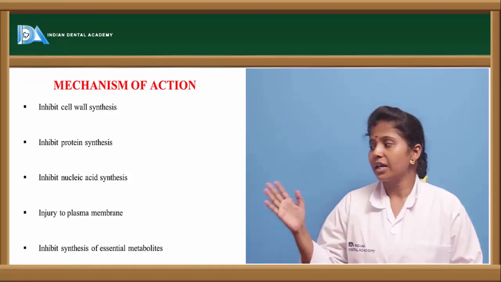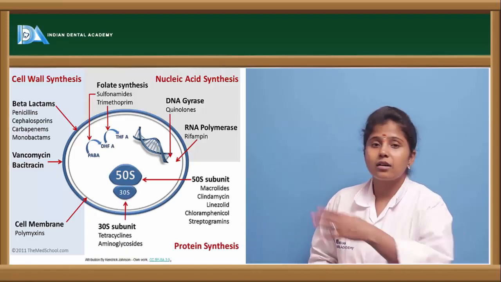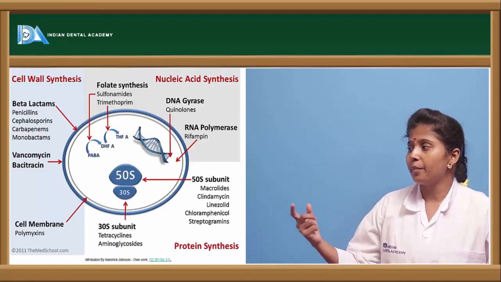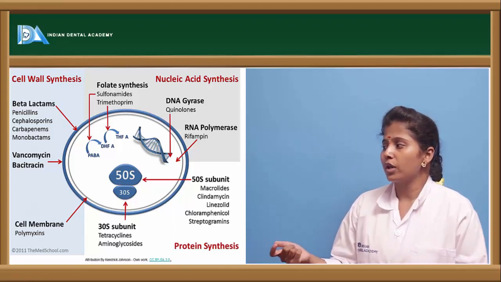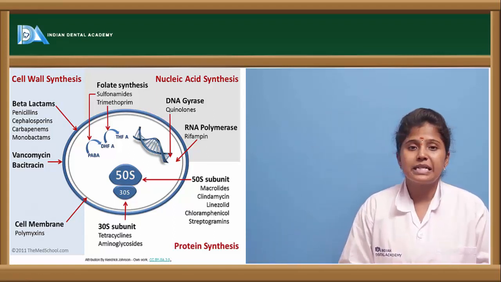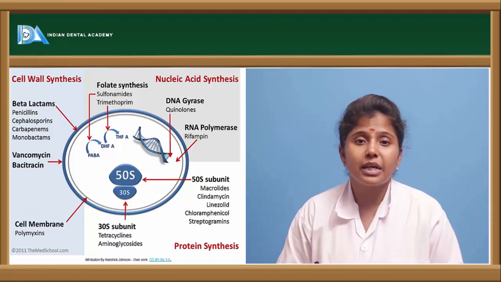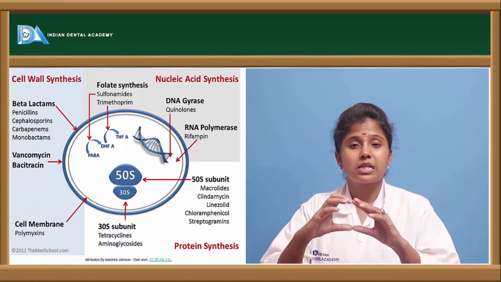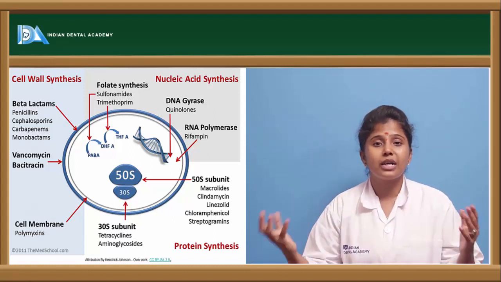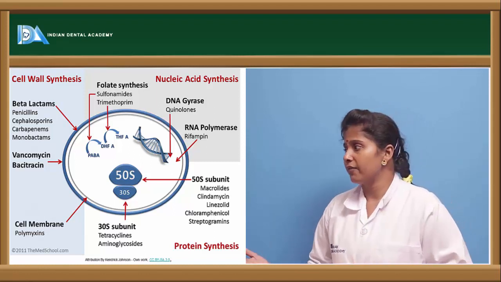Antibiotics like beta-lactams, such as penicillin, cephalosporins, monobactams, vancomycin, and bacitracin are all antibiotics which inhibit cell wall synthesis. They won't allow the cell wall of the microorganism to develop, and if the cell wall is not developing, the microorganism won't live.